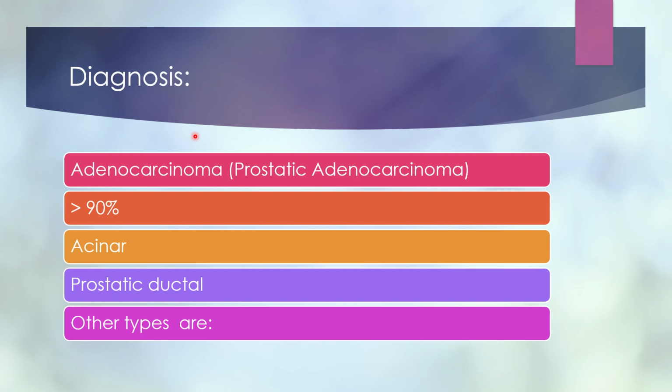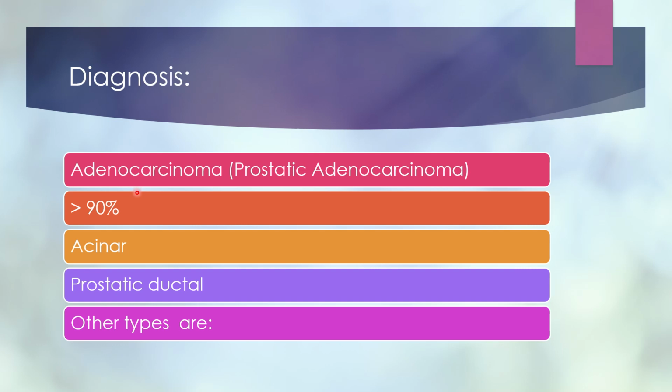So adenocarcinoma is from the glandular epithelial cells of the prostate. Here, prostatic adenocarcinoma will account for more than 90%. In fact, some authorities will put it at 95, others at 99.